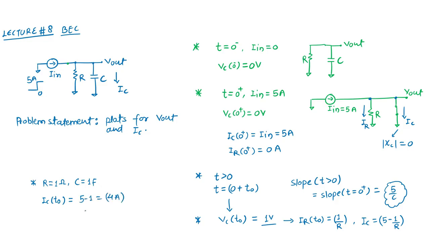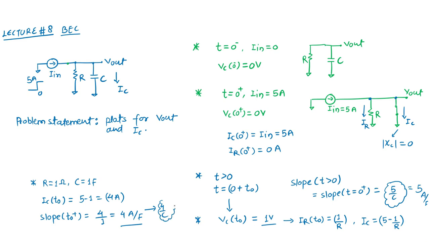So what is the slope of the capacitor voltage around this time instant? It is 4 ampere per farad. Here it was 5 by C, meaning 5 ampere per farad. As my capacitor is 1 farad, I need not consider the capacitor value. If I consider it as C only, then it is 4 by C. Previously it was 5 by C.